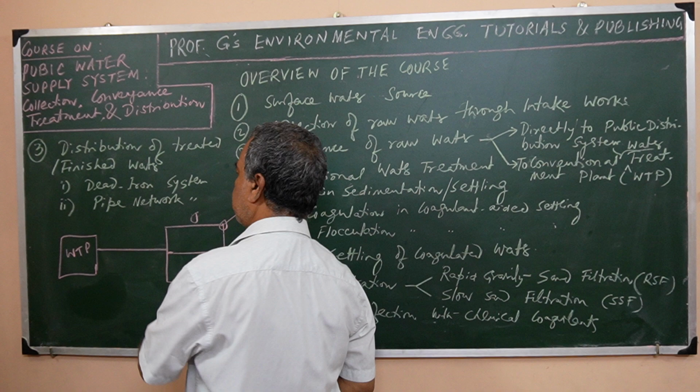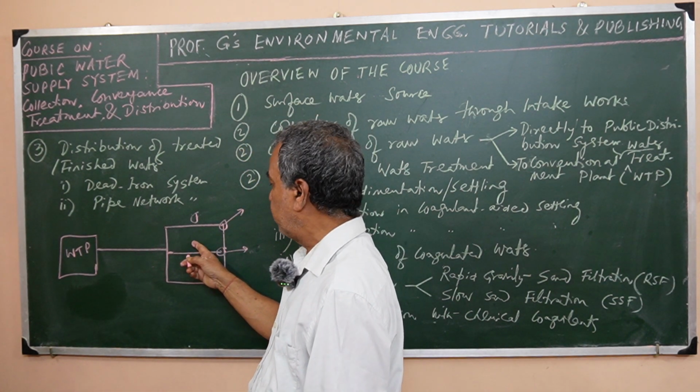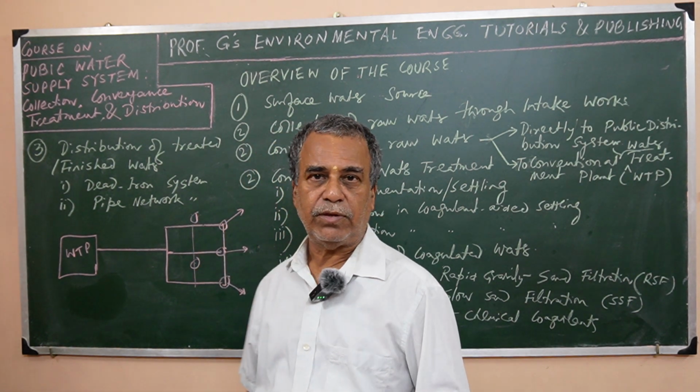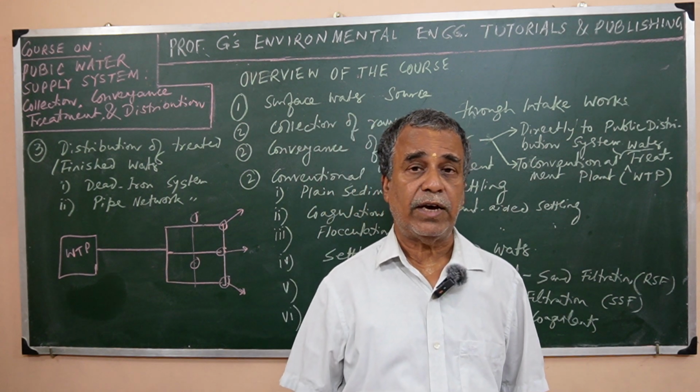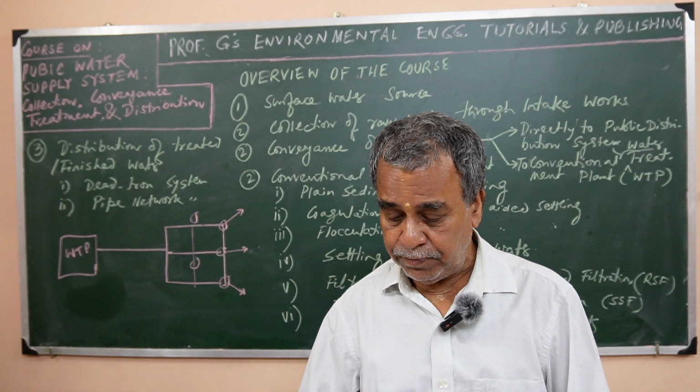We will discuss that in more detail. That is a network system. You can have more networks like that also, complex network systems. So how to design such a system, we will discuss in this course.